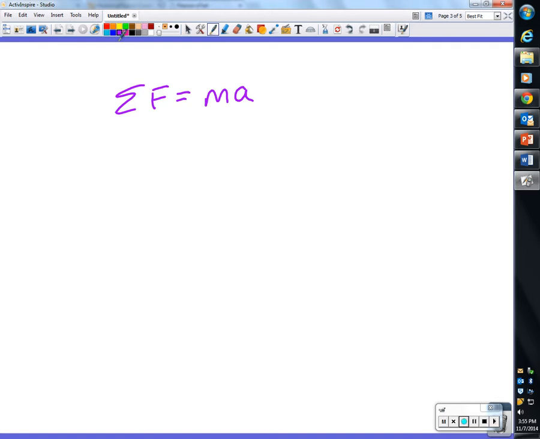So in this case, we would modify this equation to look like this: F1 plus F2 is equal to m times a.